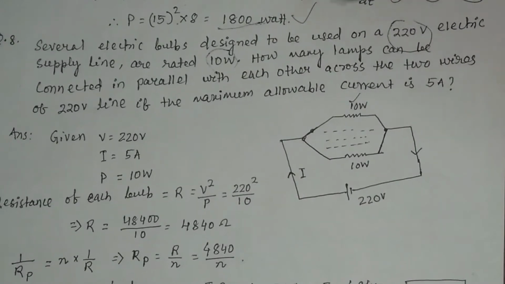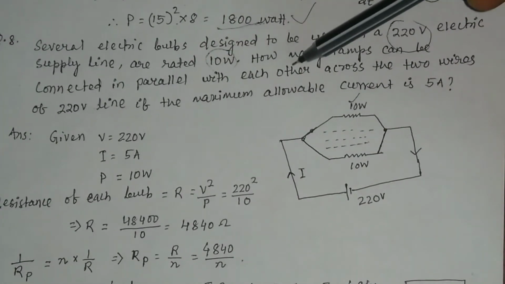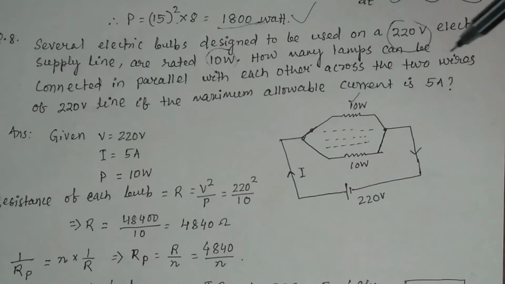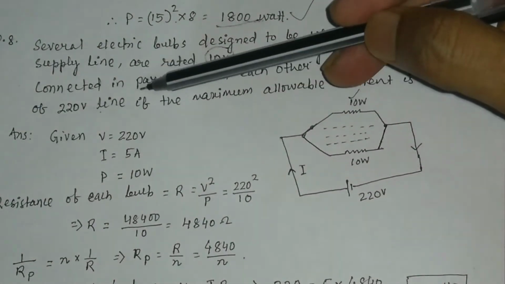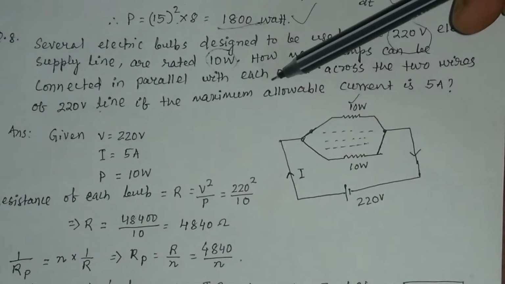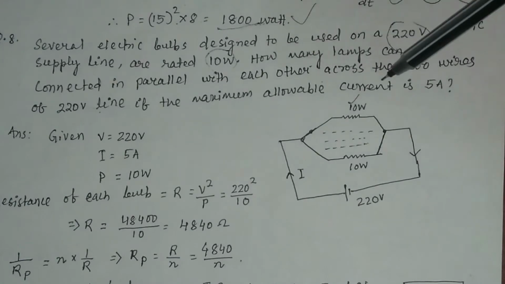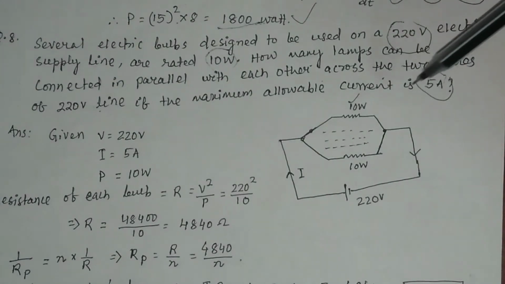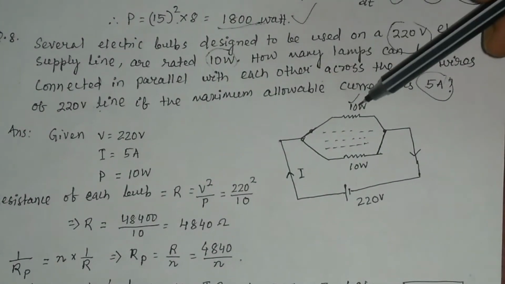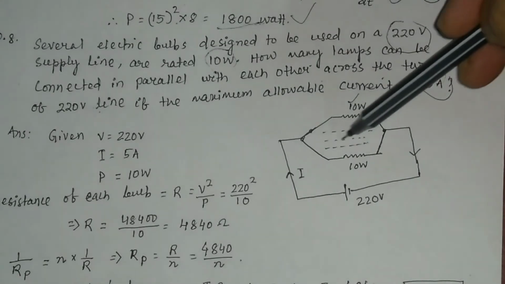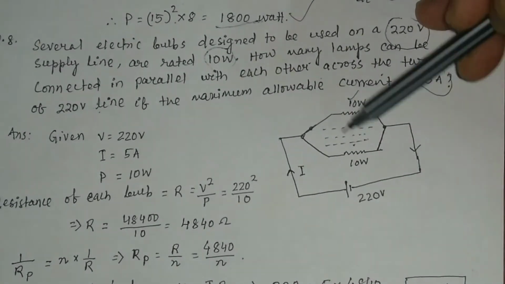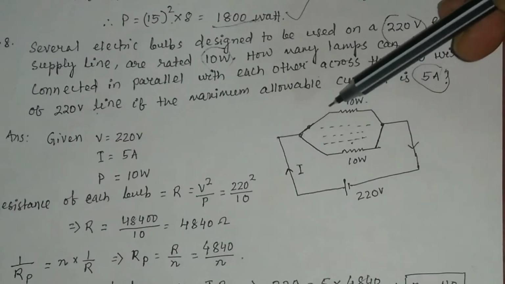How many lamps can be connected in parallel with each other across the two wires of the 220 volt line if the maximum allowable current is 5 ampere? So you have to connect the 10 watt bulbs in parallel. The question is, how many such bulbs are connected in parallel?